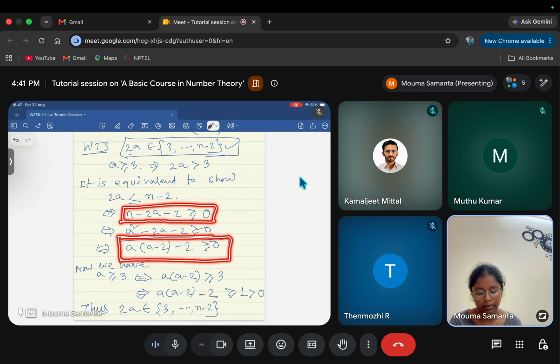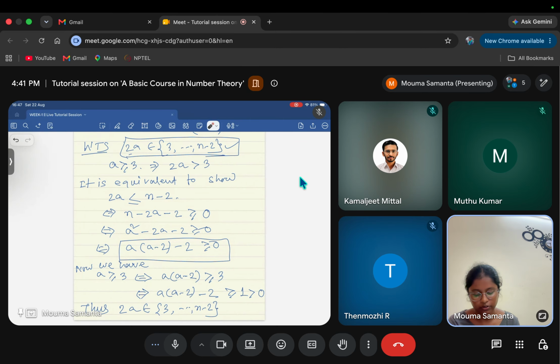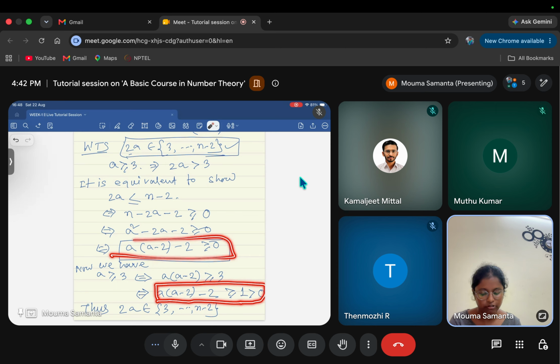That means a into (a minus 2) minus 2 is greater than or equal to 0. Now since a is greater than or equal to 3, if we multiply it by another positive integer, the product will also be greater than or equal to 3. From here we conclude this is greater than or equal to 0, which is the equivalent condition.